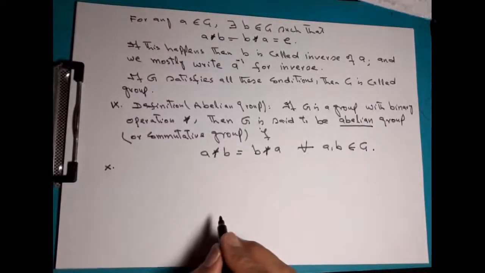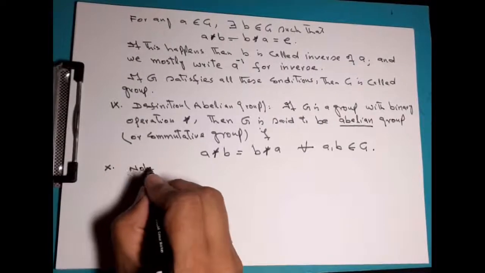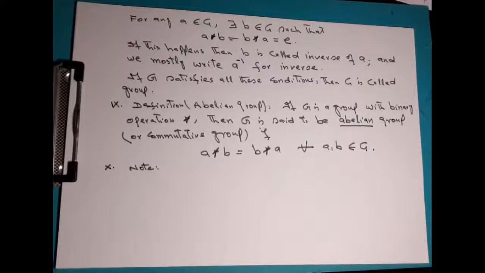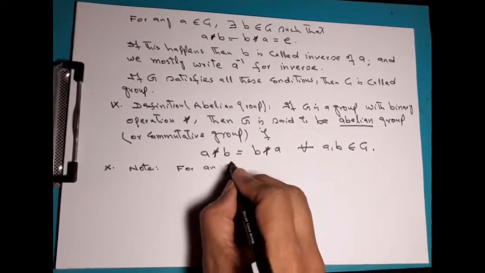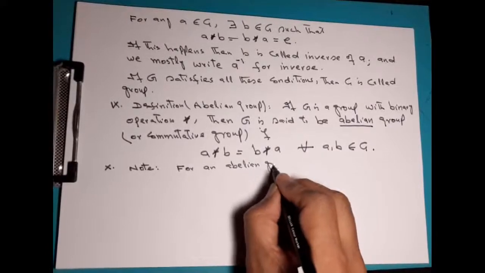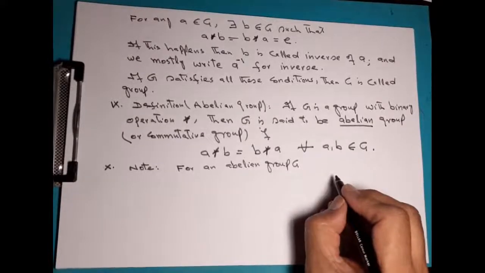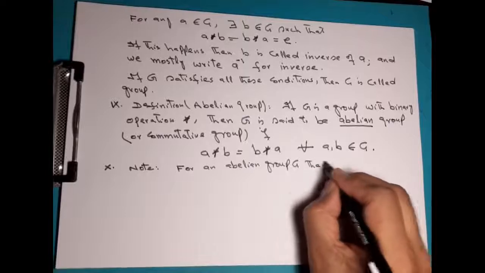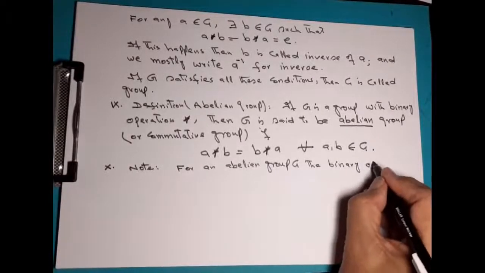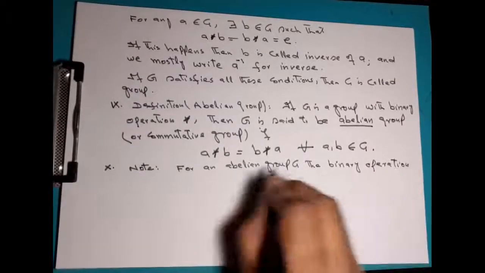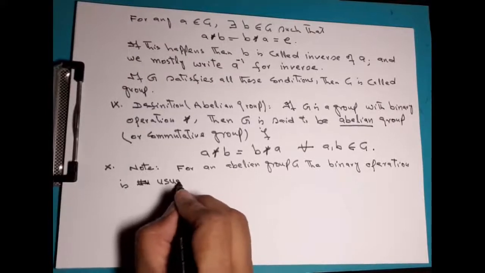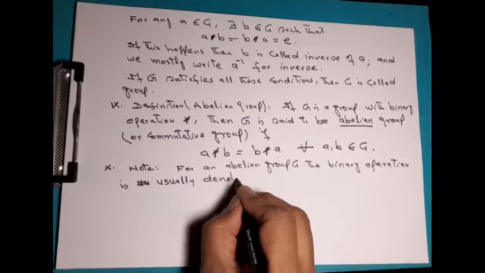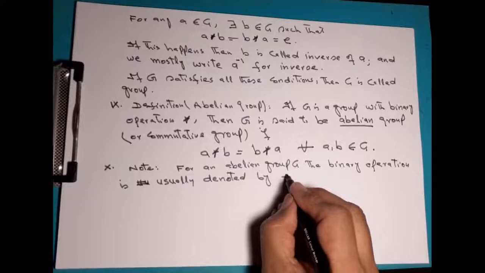So before giving examples, let's note that for an abelian group G, the binary operation is usually denoted by the symbol used for addition.